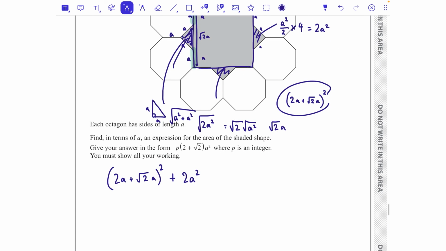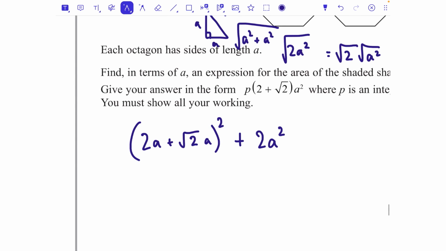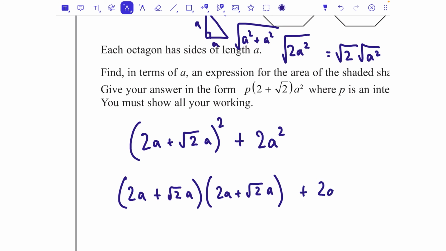Okay, cool. So I now want to expand out this bracket, and I'm going to do that by writing 2a add root 2a times 2a add root 2a add 2a squared.